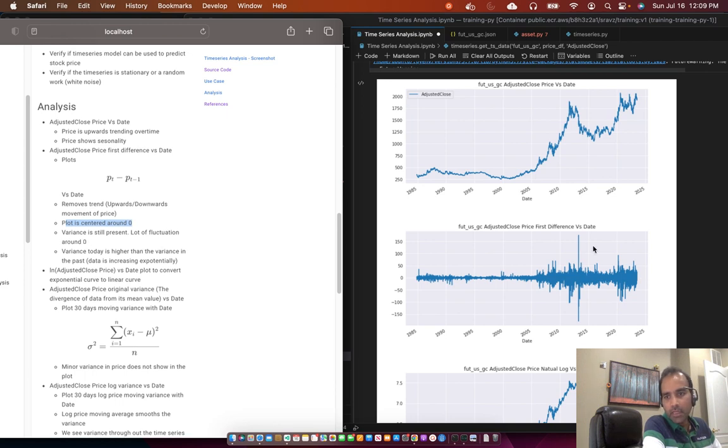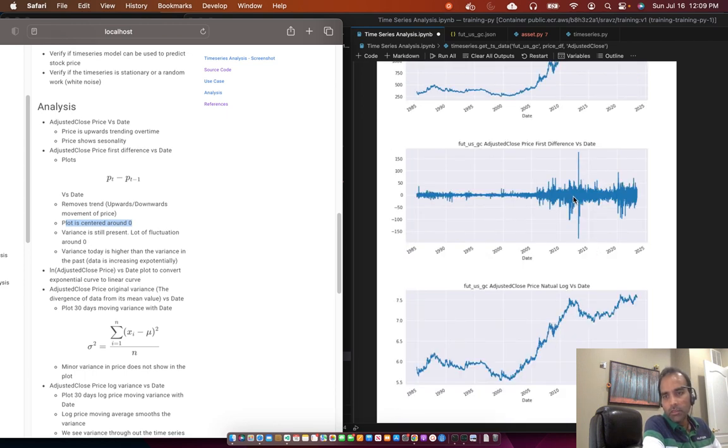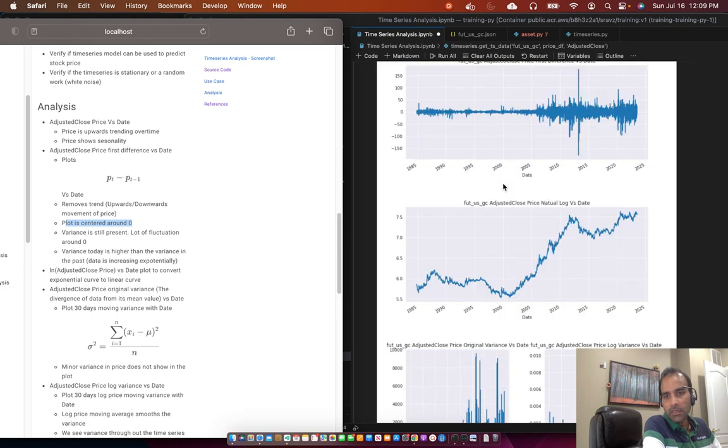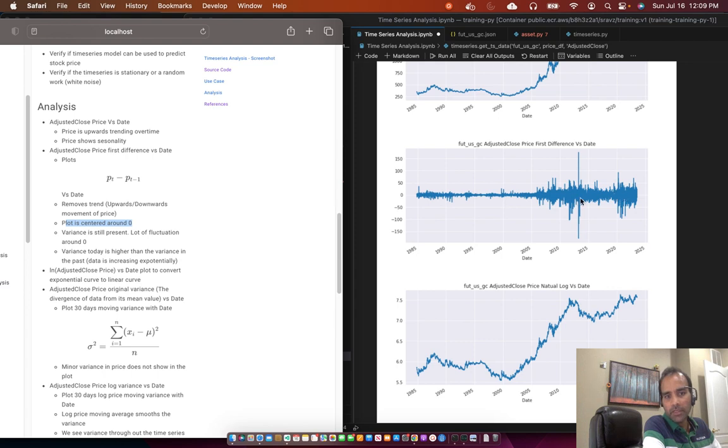But there is still an issue with the plot. The variance today is way too high compared to the variance in the past. Ideally, the variance would be constant all the time, but the plot doesn't show that. So we have to smoothen out the variance.